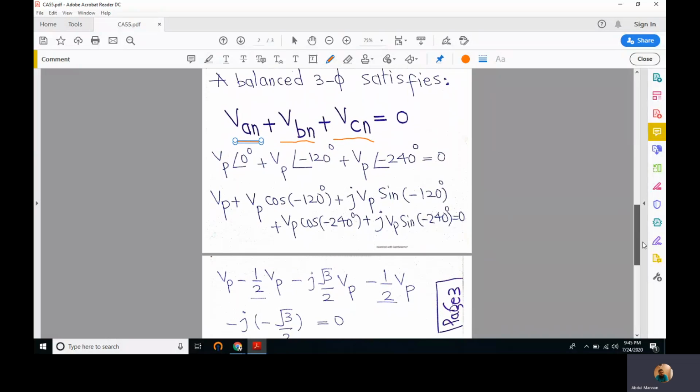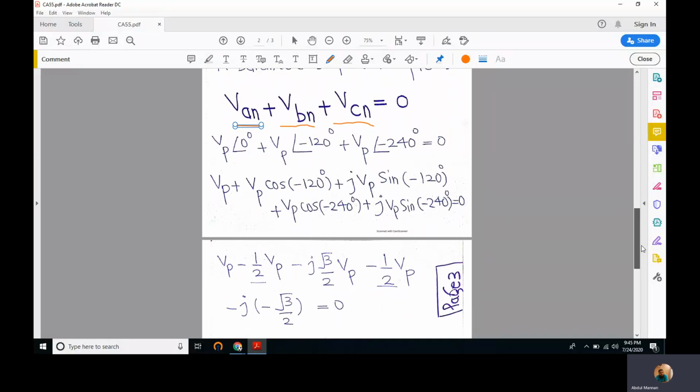So we can straight away prove that using the knowledge of complex numbers that we already have. VP at an angle of 0, and this is VP at an angle of minus 120.